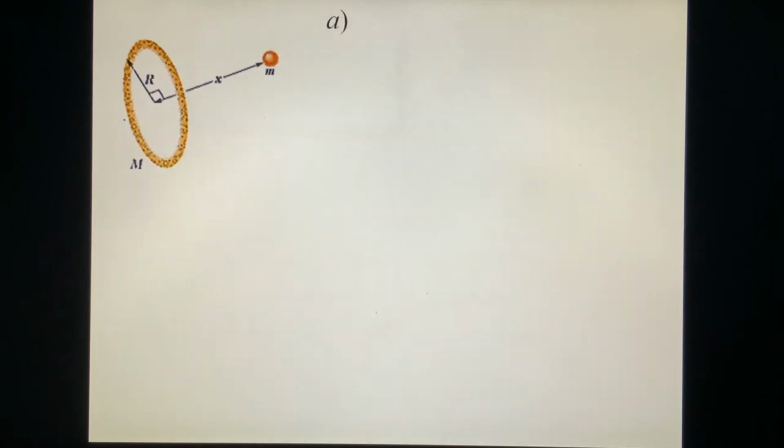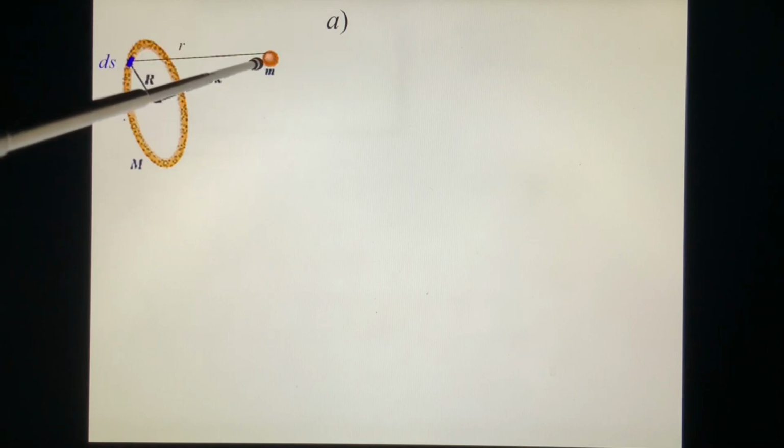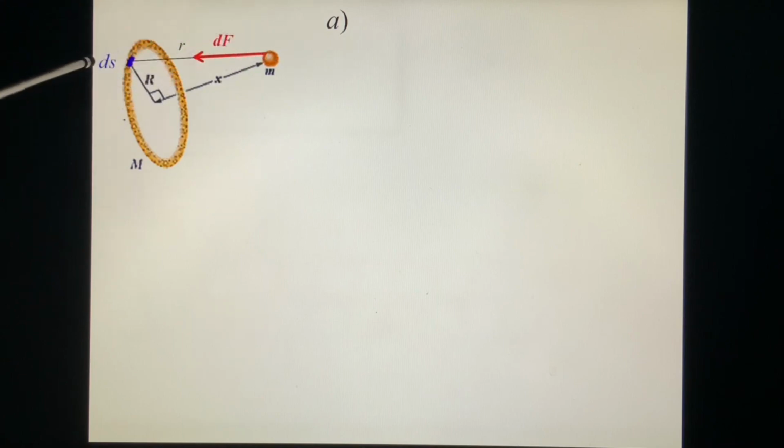Okay, let me see this one. We start from the basic theory. We take a small section on the ring called ds. This ds attracts this m, and we call the force dF. This is a dF along this straight line.